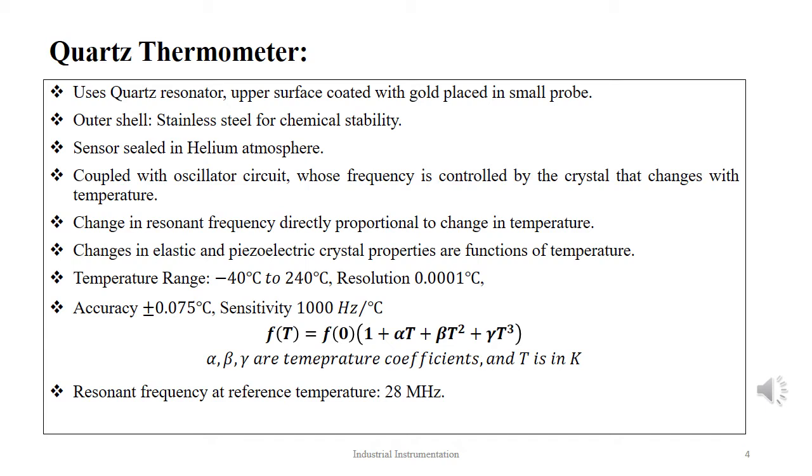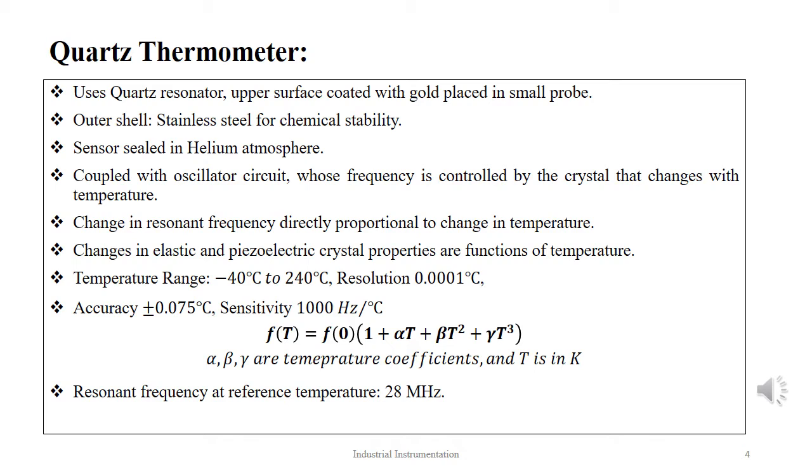The maximum pressure that these thermometers can withstand is 3000 psi. The temperature measurement range is from -40 degrees Celsius to 240 degrees Celsius with a very high resolution of 0.0001 degrees Celsius, an accuracy of plus minus 0.075 degrees Celsius, and a sensitivity of 1000 Hz per degree Celsius.